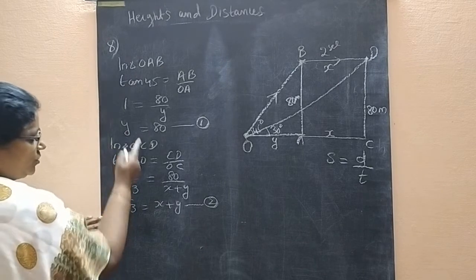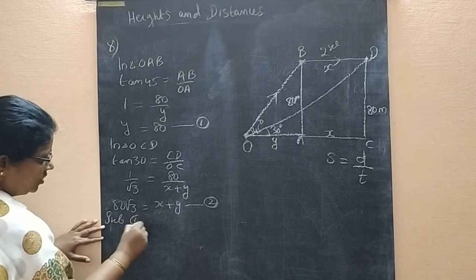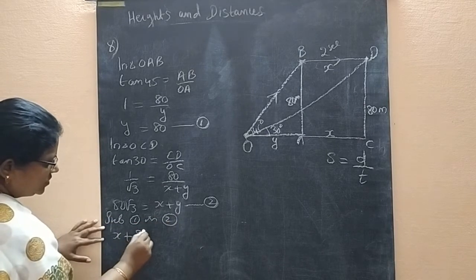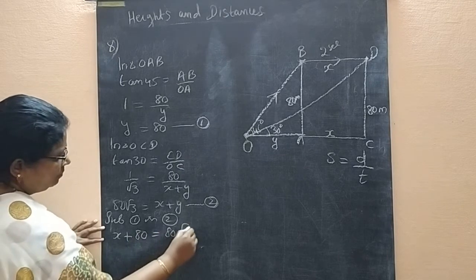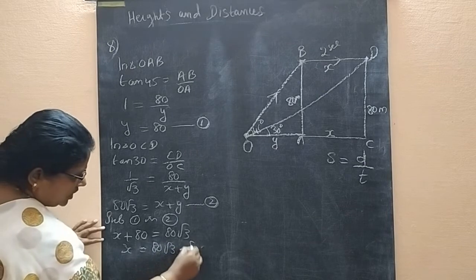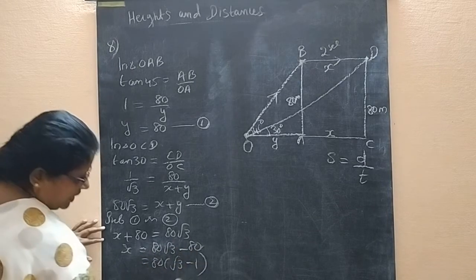So, substitute 1 in 2 you will get x plus 80 is equal to 80 root 3, or x is equal to 80 root 3 minus 80, 80 into root 3 minus 1.